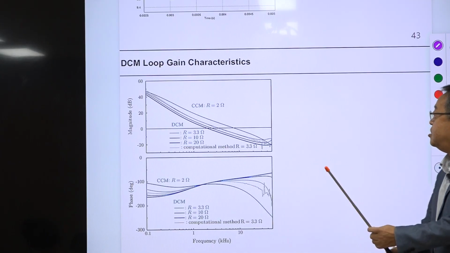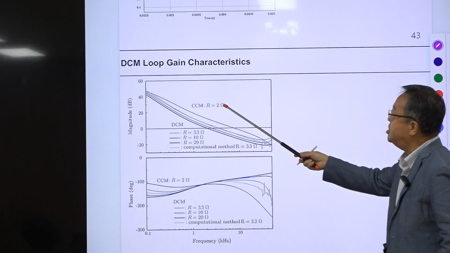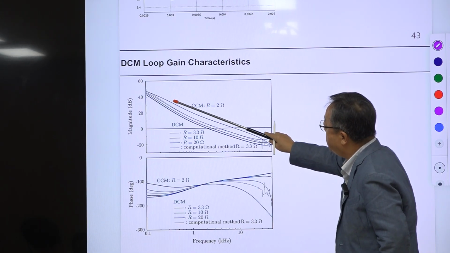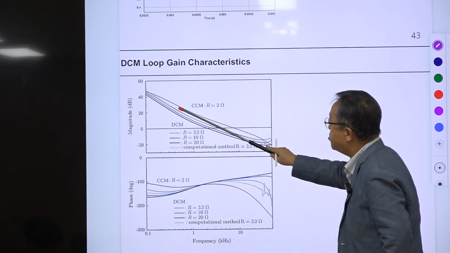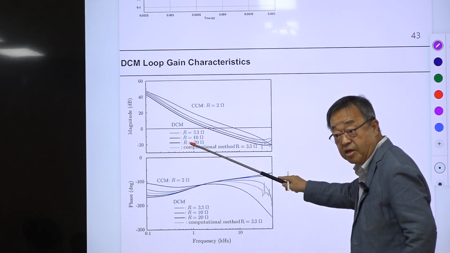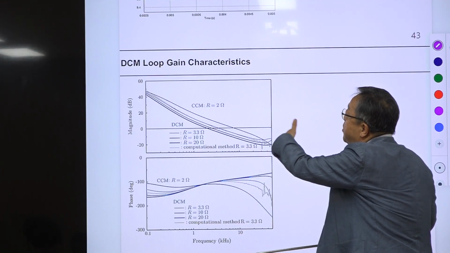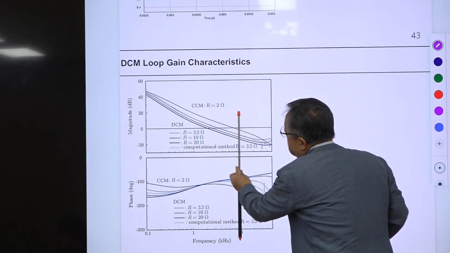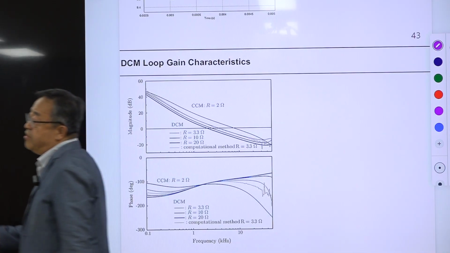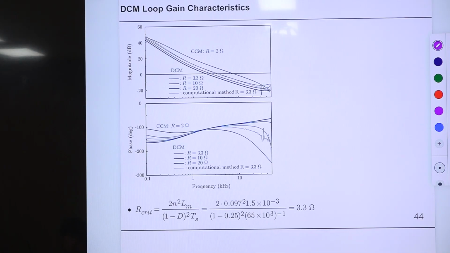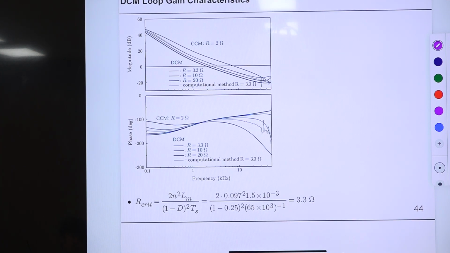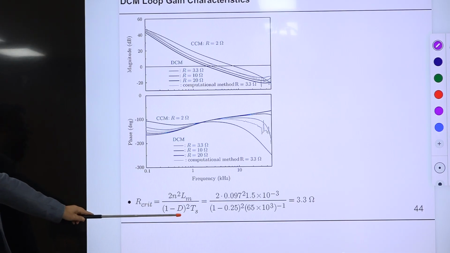Then what will happen is shown here. So this is the CCM characteristic of loop gain, and this is the DCM characteristic of loop gain. They are very similar. Okay, they are different, but the shape and everything remain the same, only a slight change in this direction. The borderline between CCM and DCM operation is determined by the value of R, the load resistance, and the value at the borderline between CCM and DCM is denoted as R critical, and this is determined by converter topology.